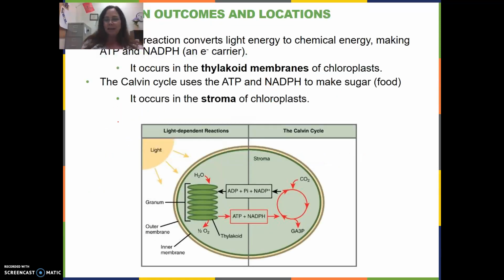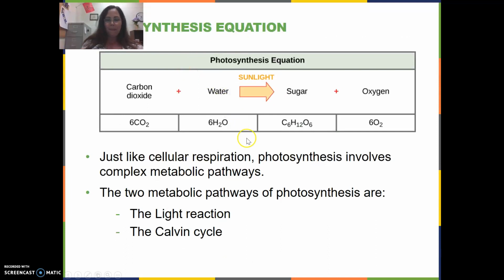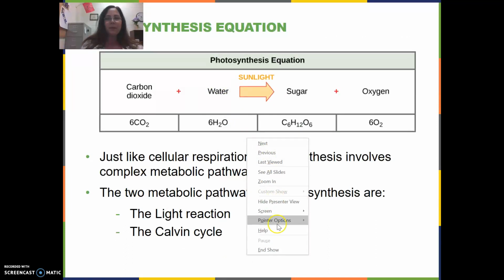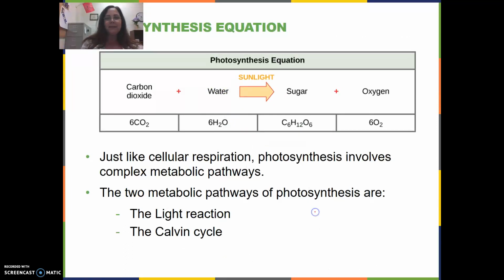Carbon dioxide and water are the reactants. Carbon dioxide enters through the stomata and water enters through the roots. And this happens in the presence of sunlight.